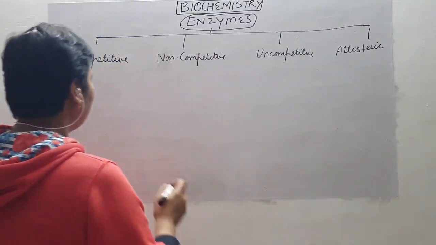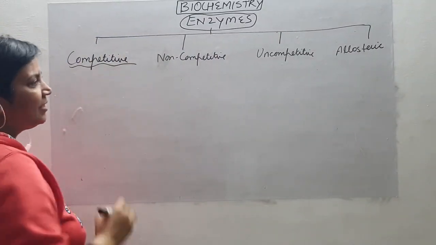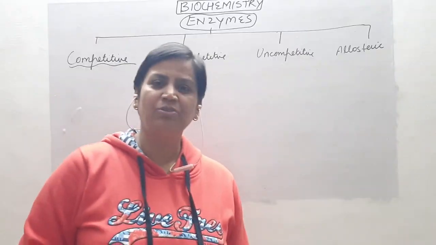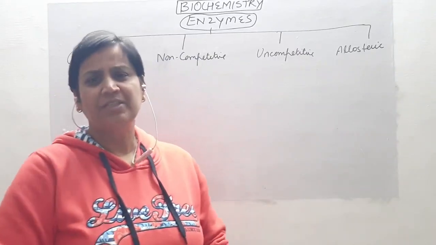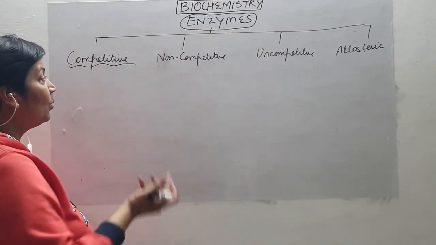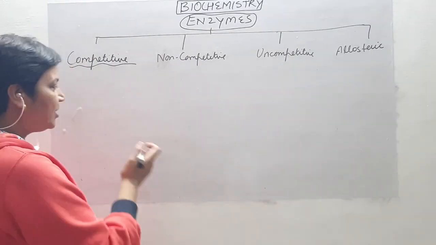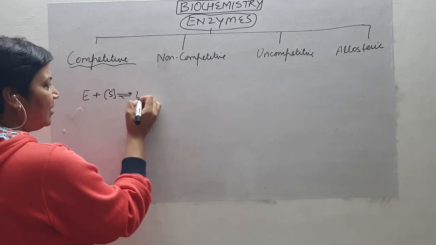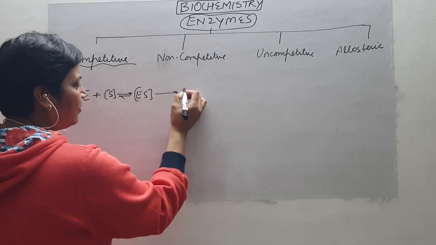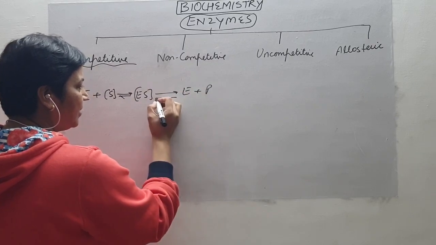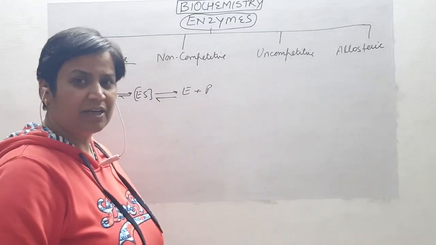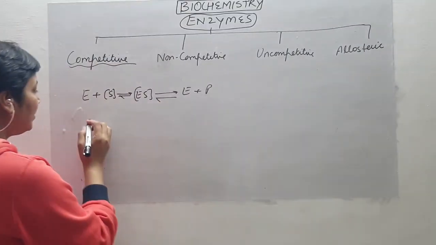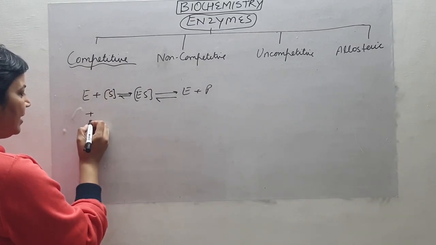Now, first of all, let's take this competitive inhibition in detail. Now, see, the name suggests you can very well make it out from the word. There is a competition. Competition in what? Enzyme, normal reaction. Enzyme is combining with this, forming enzyme and product. In case of competitive inhibition, there is a competition between the substrate and the inhibitor.